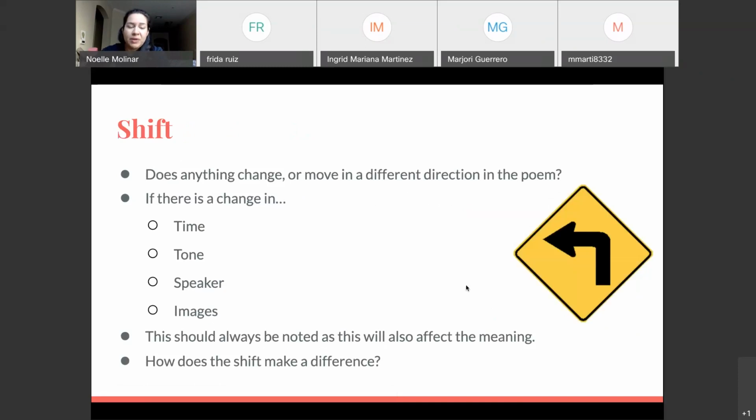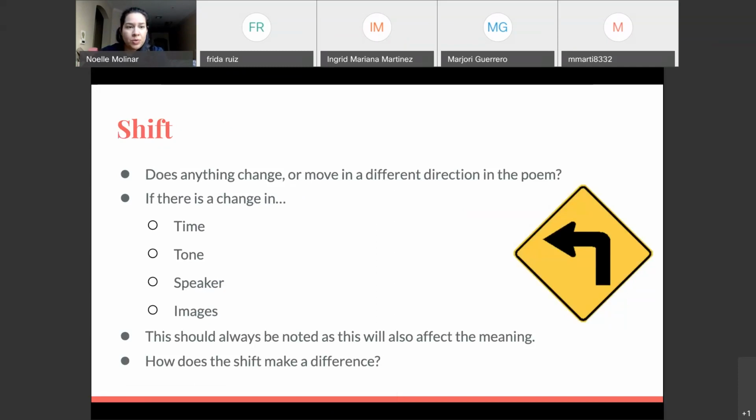There are different options. So we have time, tone, speaker, images. So time could be that they go from the past to the present to the future, future to past, whichever kind, or maybe even seasons. It goes from talking about winter to summer, fall to spring.